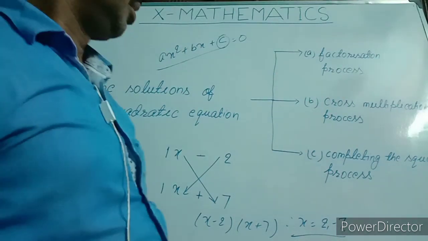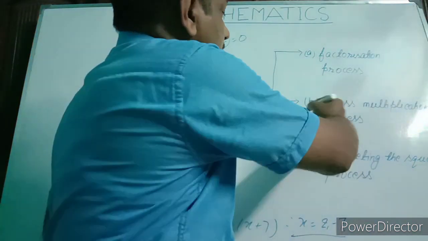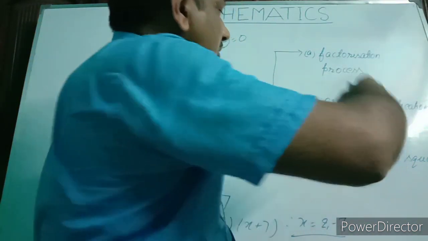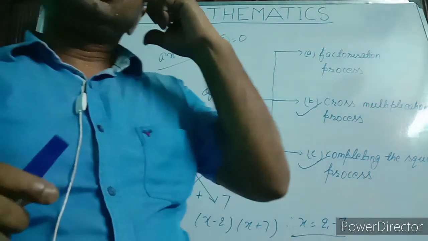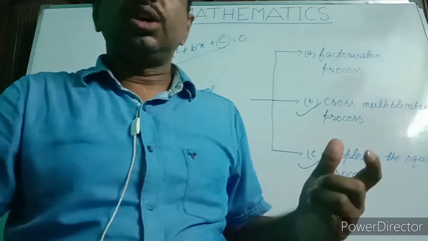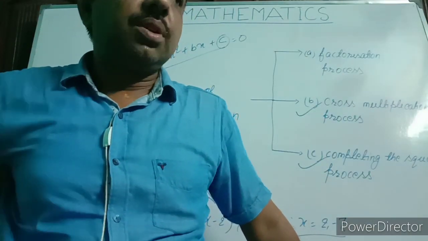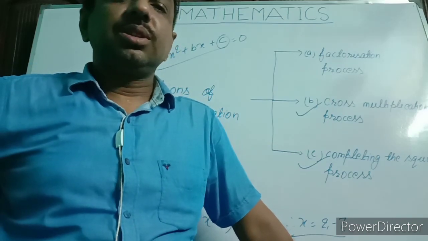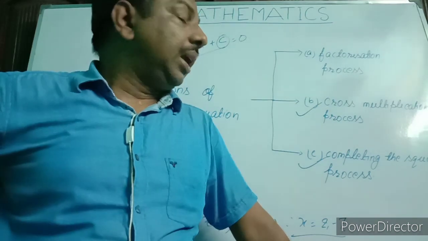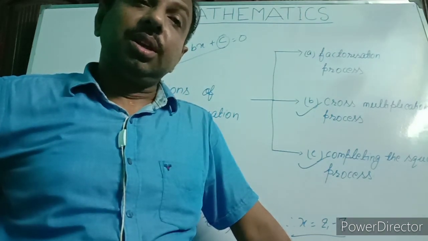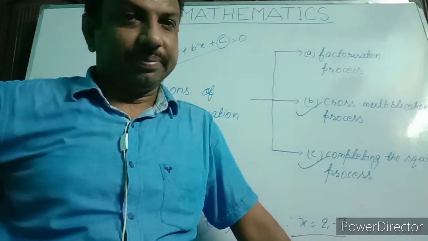So today we will solve the questions in which these two processes, number B and number C, are involved. Now the main question is which process we shall follow in the examination. Obviously you shall follow the time saving process, in which you will consume less time. And the most important thing, the question will give you a hint.